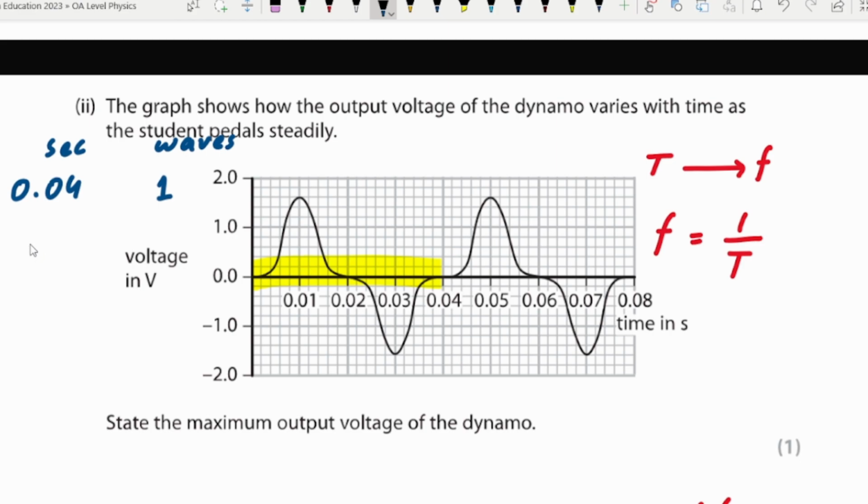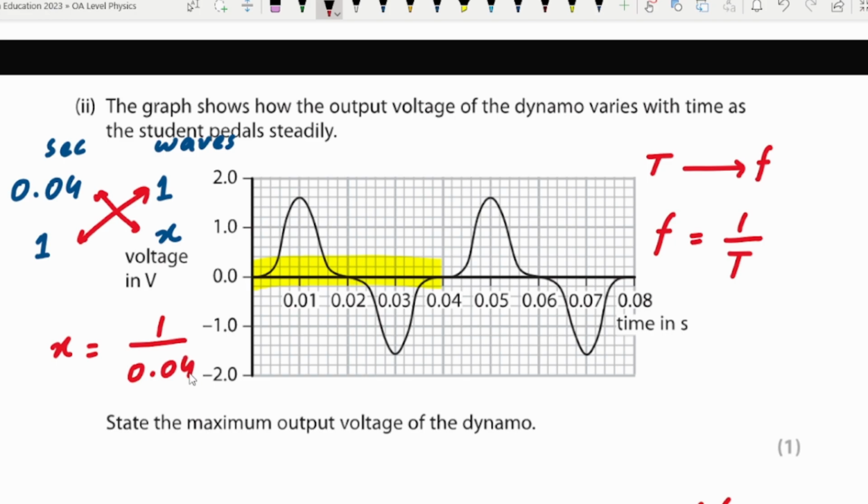So in 1 second you'll be having how many waves? We put x here, then we cross multiply, and that gives you x equals 1 over 0.04.